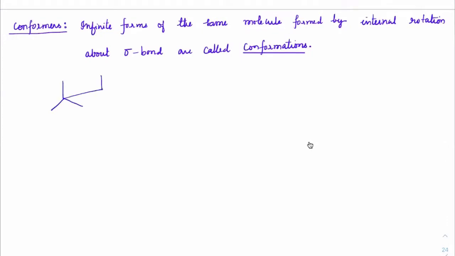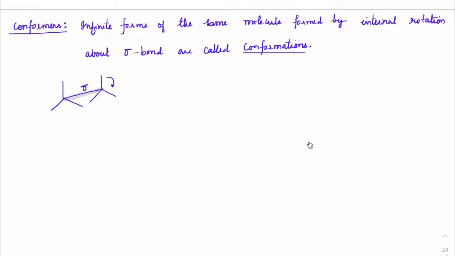Okay, now which means, suppose you have this group like this, let's say this is the Sawhorse projection of any particular group, and this is the sigma bond I'm talking about. So with respect to this sigma bond, if I keep rotating at each and every angle 1 degree, I will get at least 360 different molecules. Every time I keep rotating 1 degree here, I will get 360 different images, different molecules.